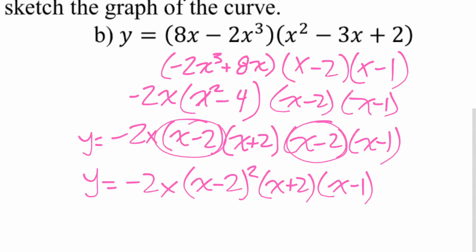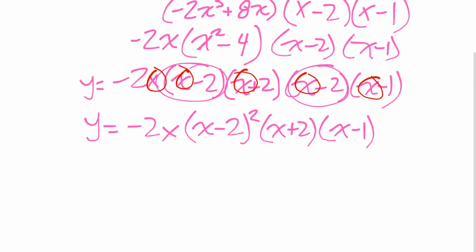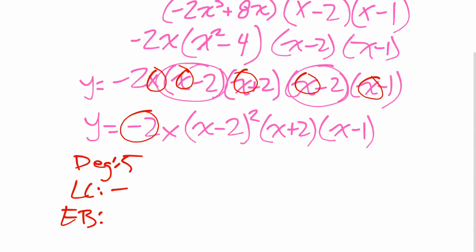Now looking at this, we can see we have 1, 2, 3, 4, 5 powers of x, so this is a degree 5 function. Our leading coefficient is negative, which means our end behavior will act like a negative odd powered function, like negative x cubed, or even negative x, which means we're up to the left and down to the right.